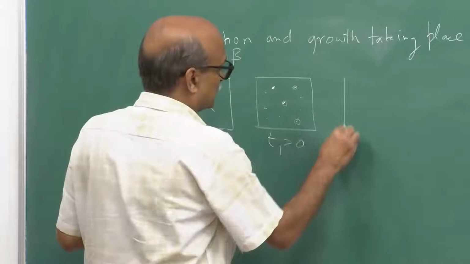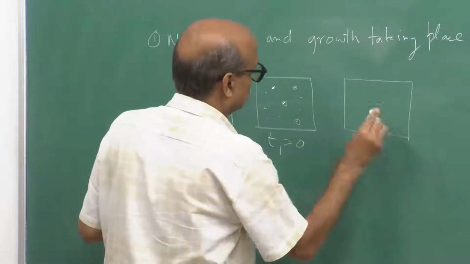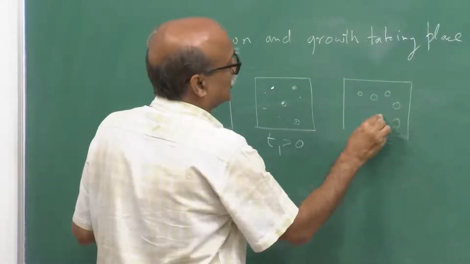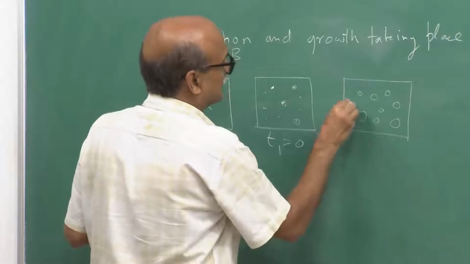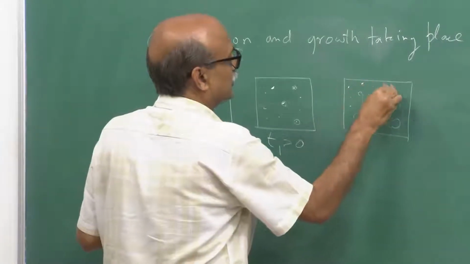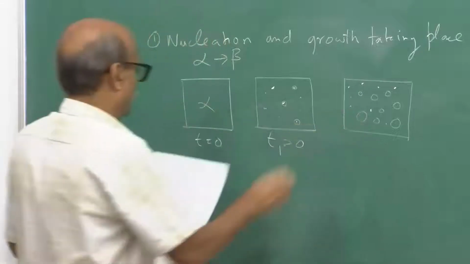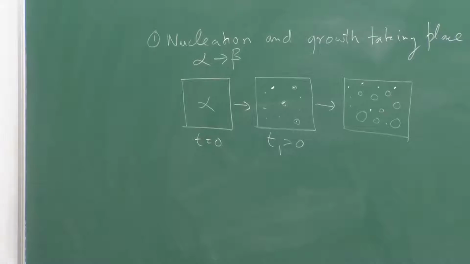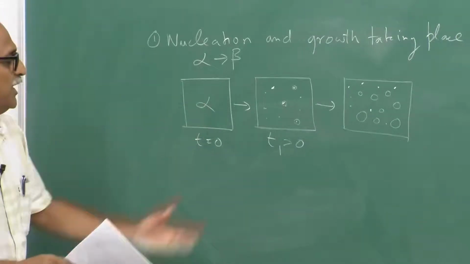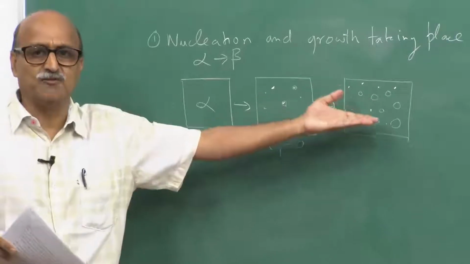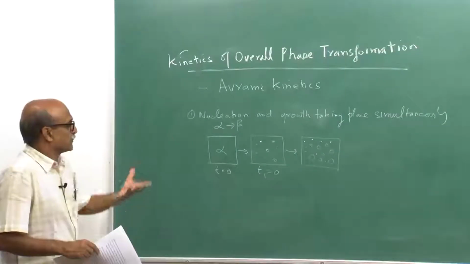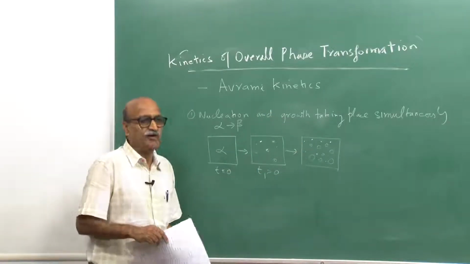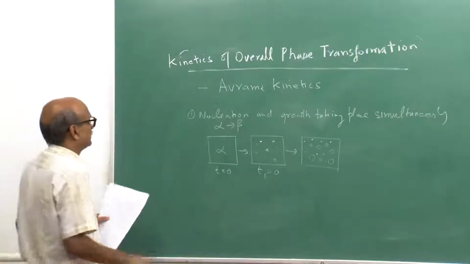And as time progresses further, I will have different nuclei which have nucleated at different times, grown to different sizes, and fresh nucleation also taking place. So, this is one kind of scenario one can imagine, and in this we may have a constant growth rate, or we may have a parabolic growth rate, we may have a constant nucleation rate, or we could also have varying nucleation rate as well.